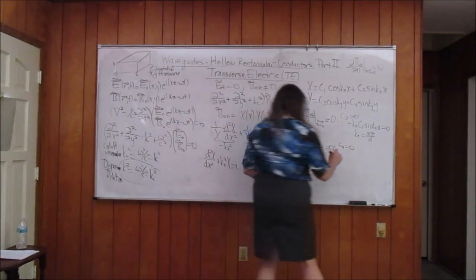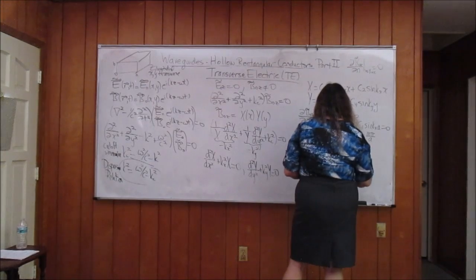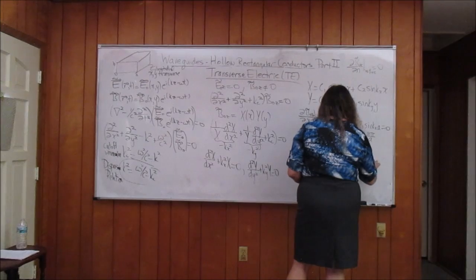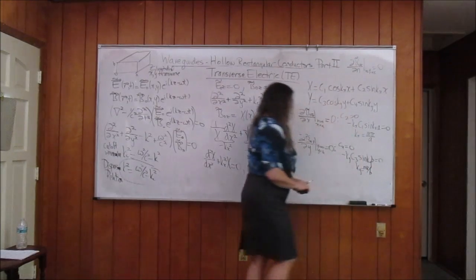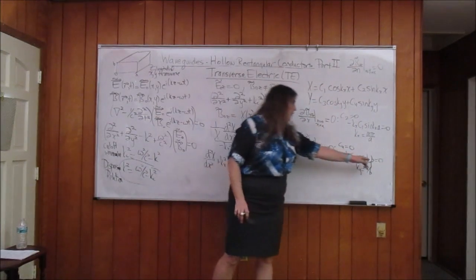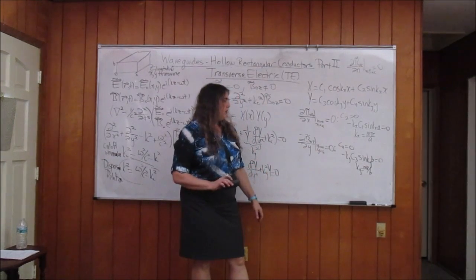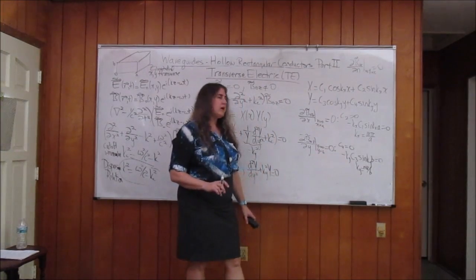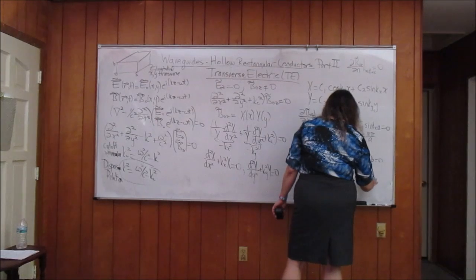And likewise, the only way that'll hold is if this argument is some integer value times pi. Therefore, ky must be equal to n pi over b, and again, m and n are integers.